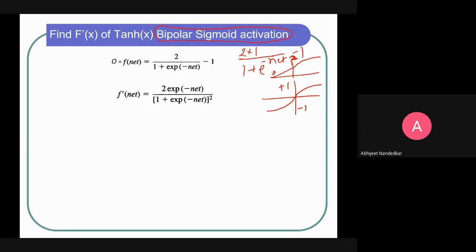So that is what is happening. Now try yourself. What is f dash of this? If you do differentiation of this function with respect to net, you will obtain this quantity.